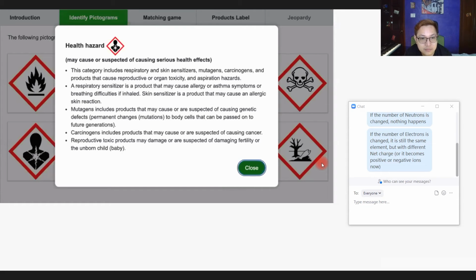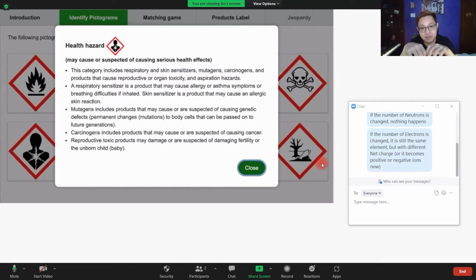This category includes respiratory and skin sensitizers. Do you know what sensitizer means? It sounds like sensitive. It makes your skin more sensitive, and there can be an allergic reaction.